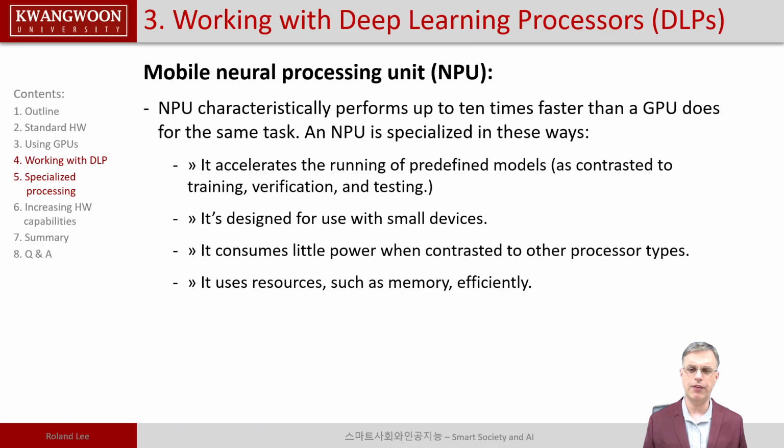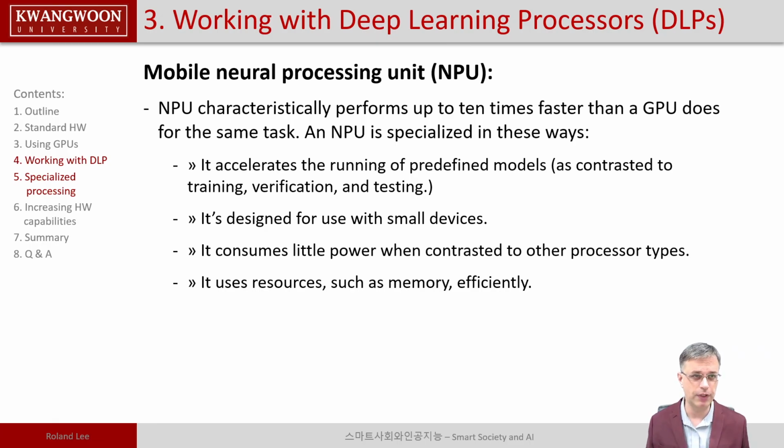Since these first experiments with DLPs, the number and the types of DLPs have soared, but most of these endeavors are now part of the university research effort. The exceptions are the neural processing unit, NPU, created by Huawei and Samsung for mobile devices, and the tensor processing unit, TPU, created by Google specifically for use with TensorFlow. These two DLP types are described now.